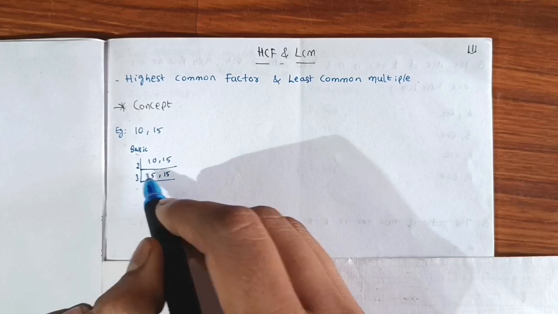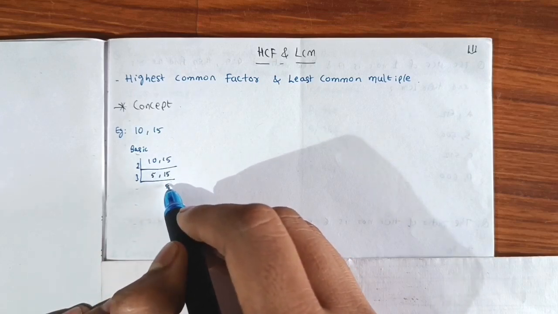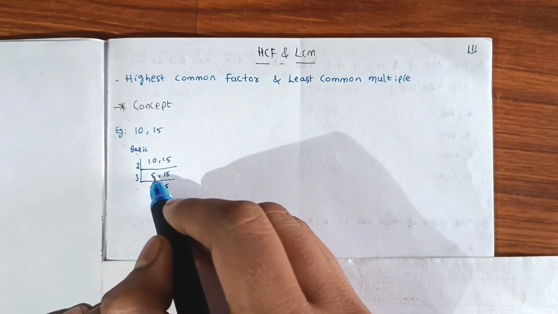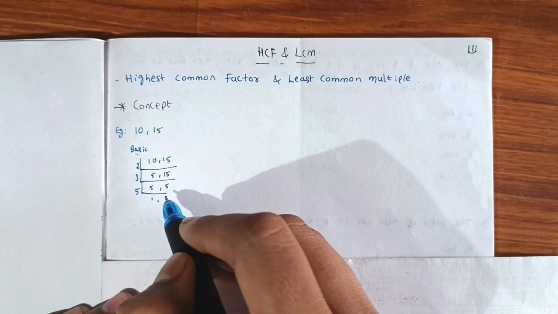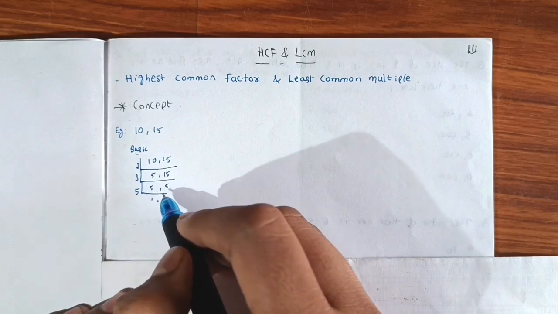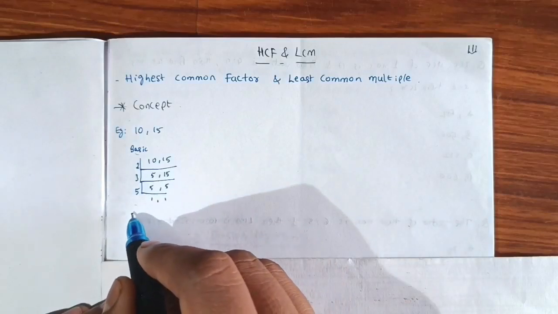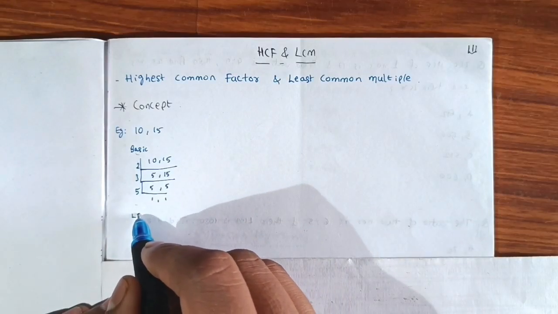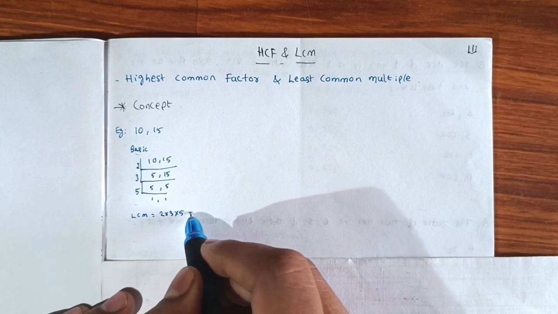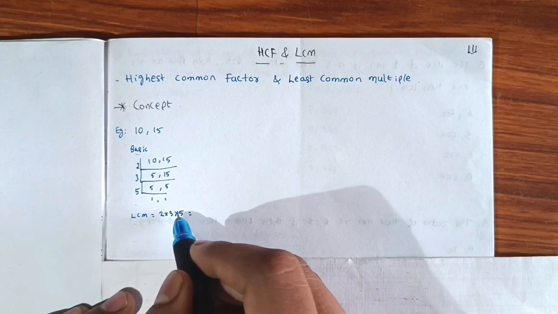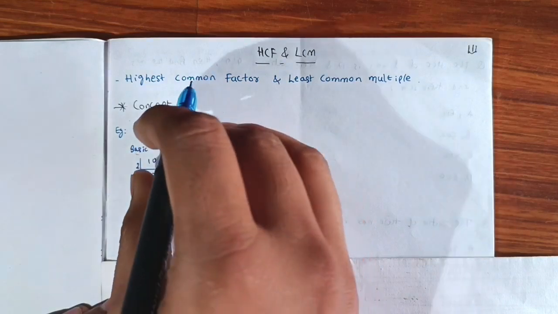Here it will go for 3, 3 5s are 15, and the 5 simply comes down, and the values will be 1 and 1. So finally up to this we take the values. Now the LCM will be 2 cross 3 cross 5, which is 2 cross 3 is 6, 6 cross 5 is 30. 30 is the LCM of these numbers.